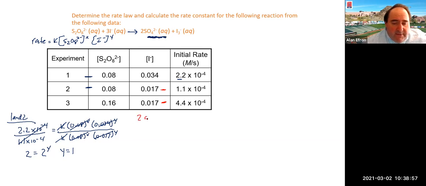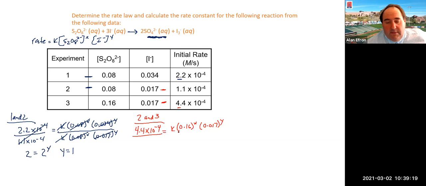So looking at 2 and 3, again, for my personal preference, I'm going to take the larger rate up on top, and again putting all the information for number 3 in. And then all the information for number 2 would go on the bottom here.